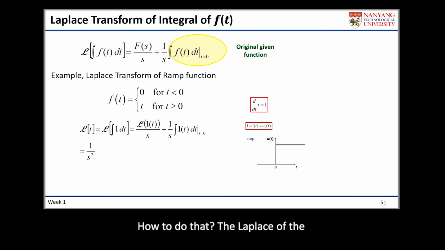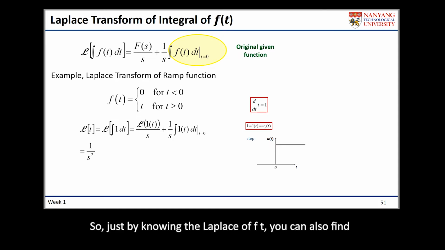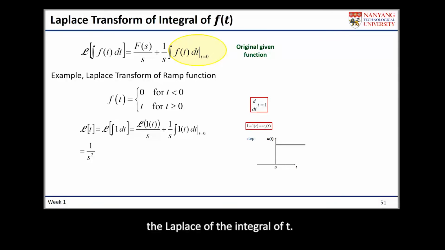The Laplace of the integral of f(t) will be equal to F(s) over s, where F(s) is the Laplace of f(t), plus 1 over s times the integral of f(t) when t is equal to 0. So by just knowing the Laplace of f(t), you can also find the Laplace of the integral of f(t).